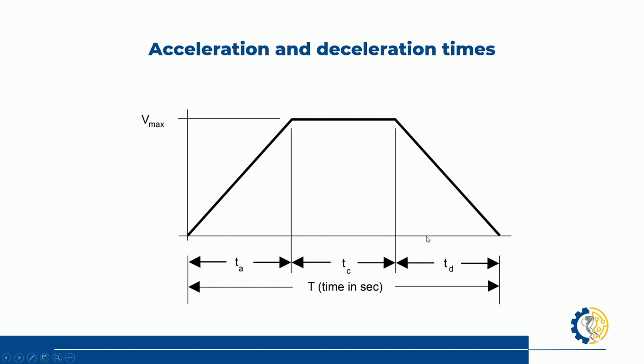From that nominal speed, how long would it take for us to get to 0 speed? That is deceleration. So this is what is indicated in our graph: acceleration time and deceleration time.